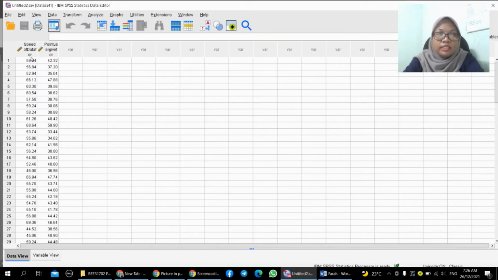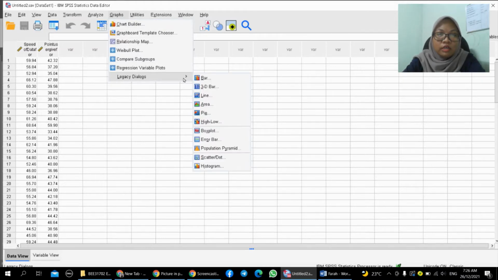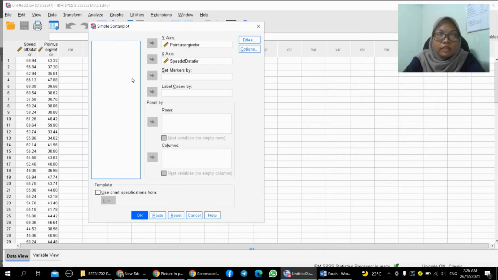Okay, this is the data that I have. To get the graph, click graph, choose legacy dialogs, and click scatter dot. Click simple scatter and define. The y-axis is the point user give, and the x-axis is speed of data. Then click OK.